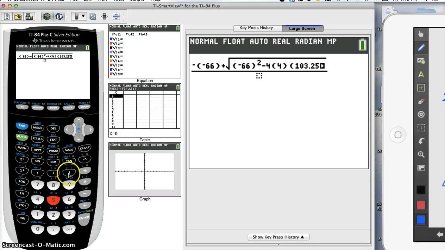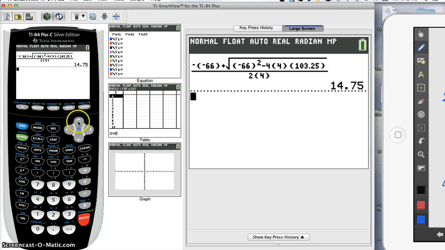And I want you to be sure to notice the difference between the negative and the minus. So that's a minus, that's a positive, everything else are negatives, okay? Over 2a, 2 times 4. So that's my first answer, which is 14.75.